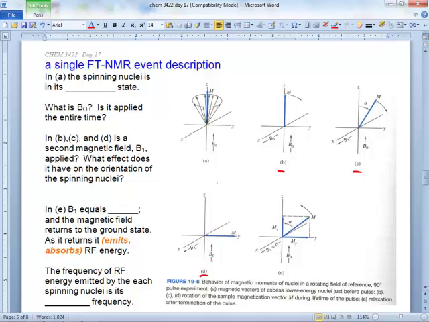Okay. What effect does this second magnetic field have on the orientation of our spinning nuclei? What does it look like? What does it have on the effect? All right. Here's our spinning nuclei in its ground state. Apply a magnetic field, and what happens to it? Changes. All right.